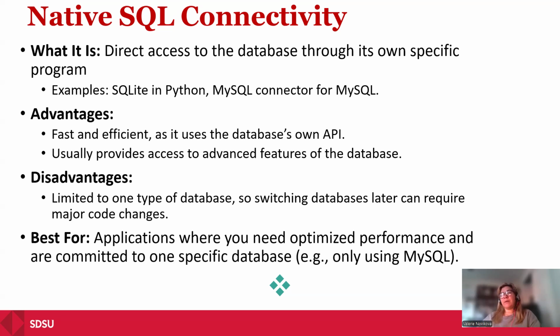So it's not expandable to any other types of data sources. Every connection to a different type of data source, every native connectivity, requires its own type of connection in the code. So where do we use that?